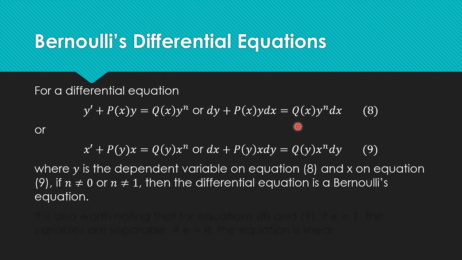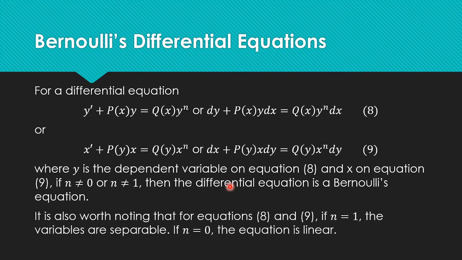So, if y daw doon is the dependent variable for equation 8 and x is the dependent variable for equation 9, tapos yung n na to is not equal to 0 or not equal to 1, then the differential equation is a Bernoulli's equation. So, ganun daw natin i-identify kung ang isang differential equation is a Bernoulli equation.